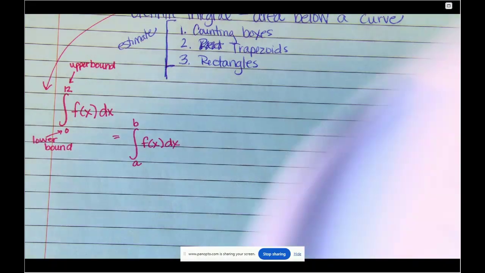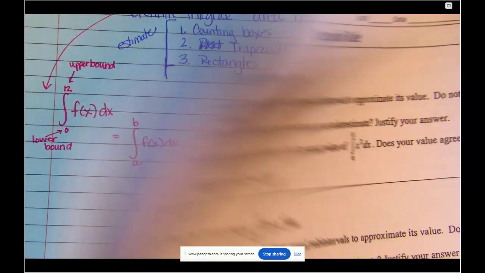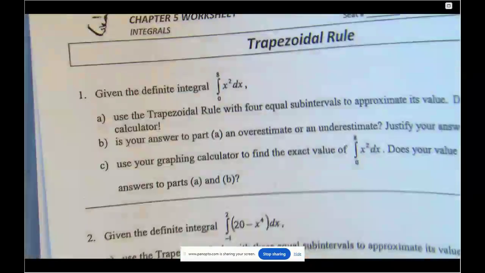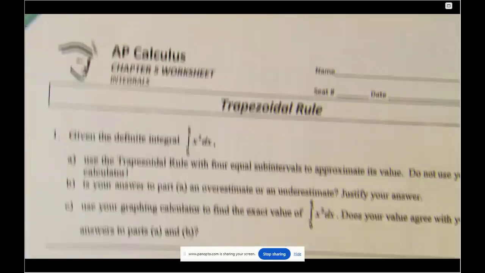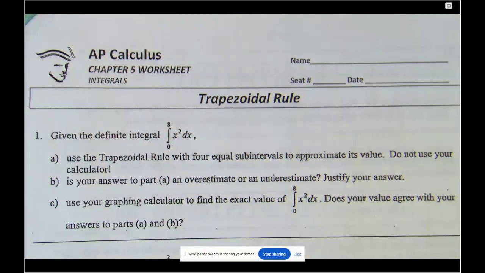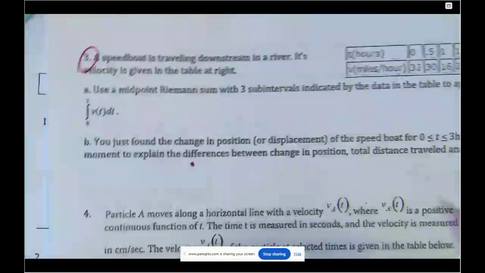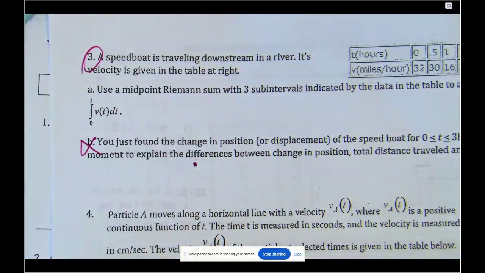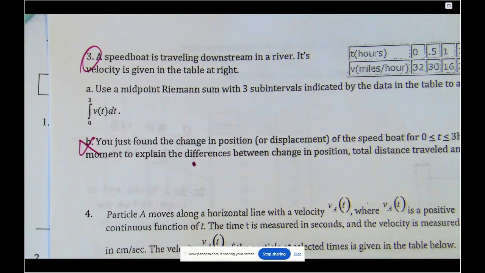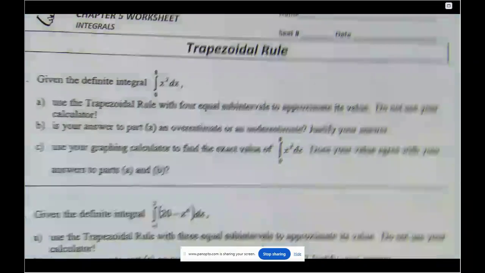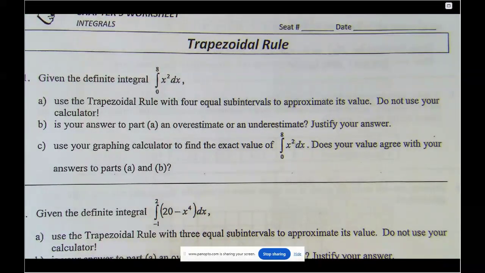In your other packet that you already have, the homework 4.3B, you may cross off B. Then go back to the fatter packet, 4.3 number 2.